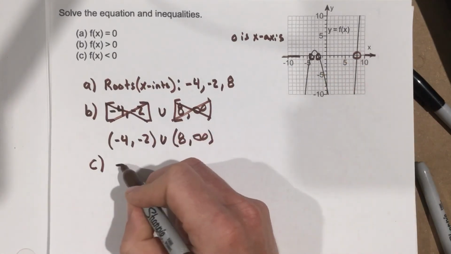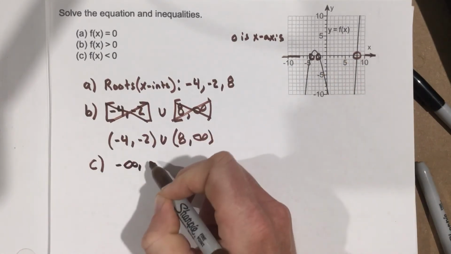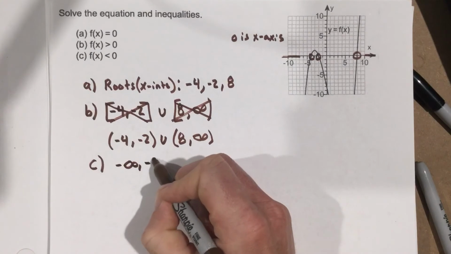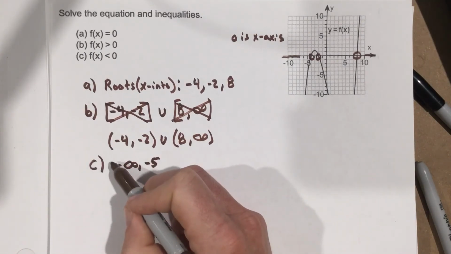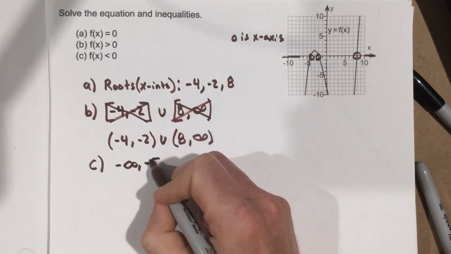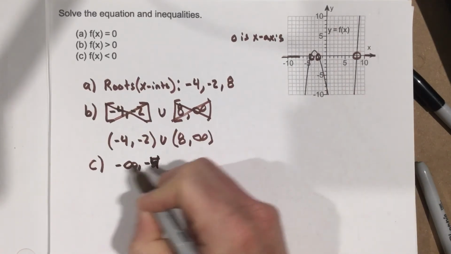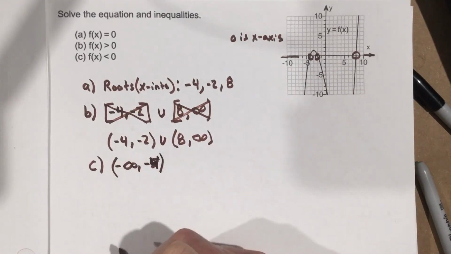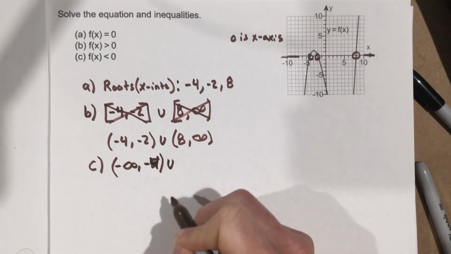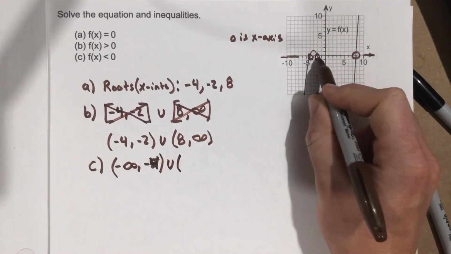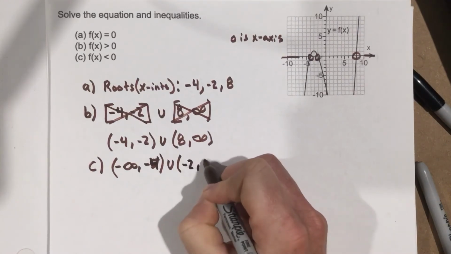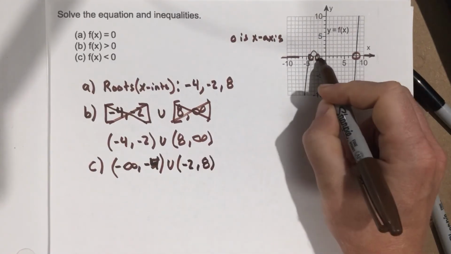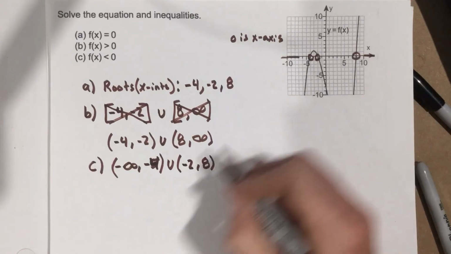So we'd say -infinity to -5, or not -5, -4, my bad, -infinity to -4, union, and we would say -2 to 8. So -2 to 8, because from this point to this point.